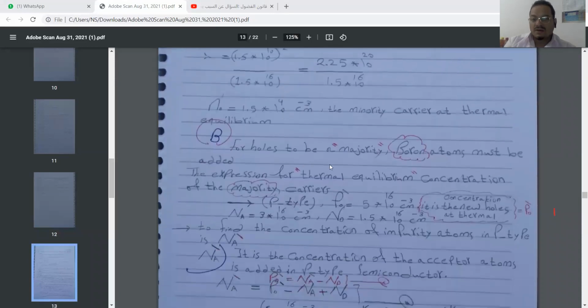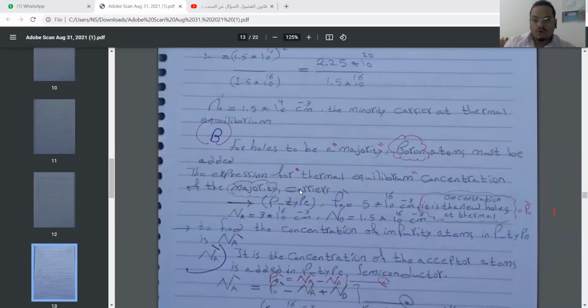For holes to be the majority, boron atoms must be added, because we know boron has 3 valence electrons and tends to take another electron from neighboring silicon atoms to reach a satisfied situation and be stable.